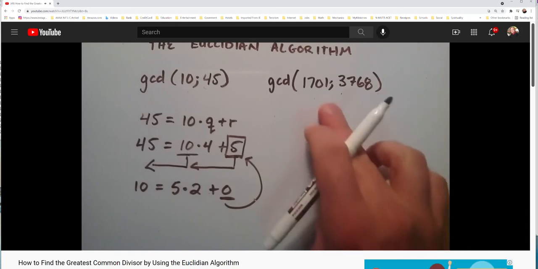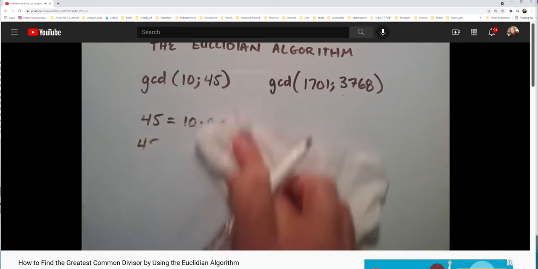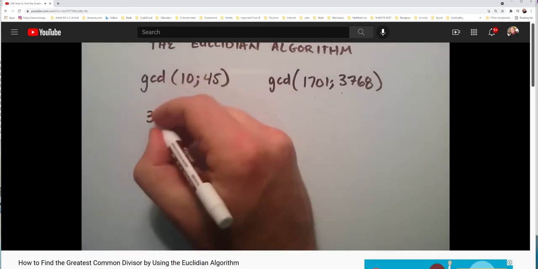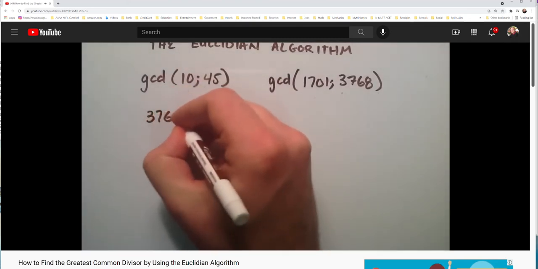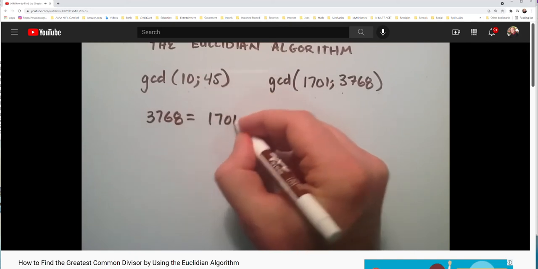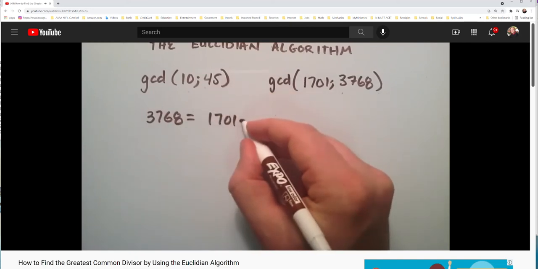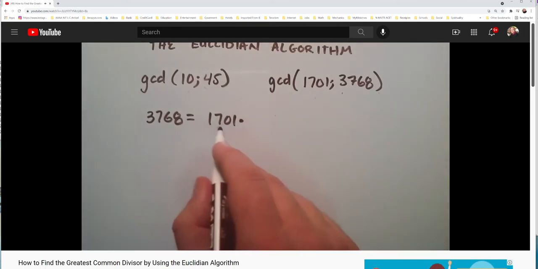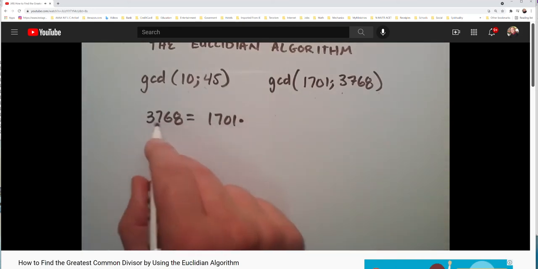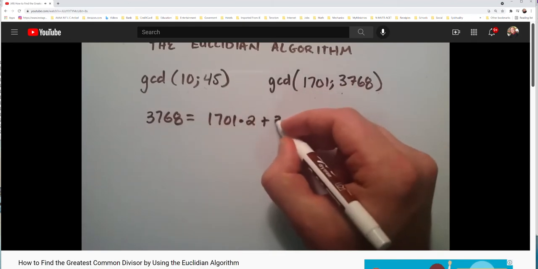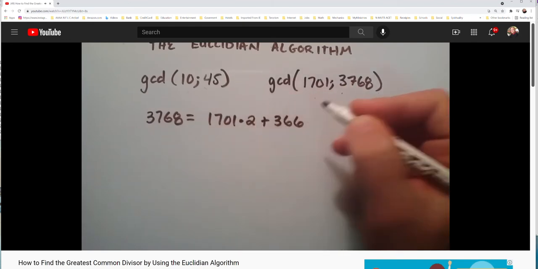So let's try this for this bigger example now. We take the larger of the two numbers, 3,768, and set that equal to 1,701, the smaller number, times some number plus some remainder. 1,701 goes into 3,768 2 times, with a remainder of 366.